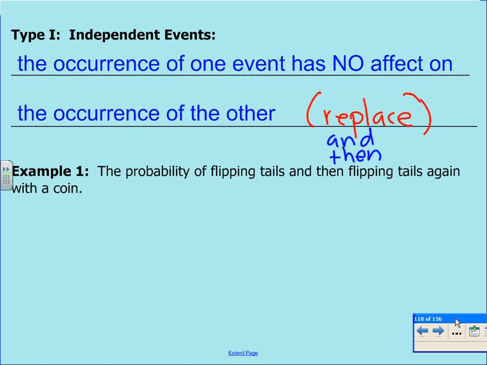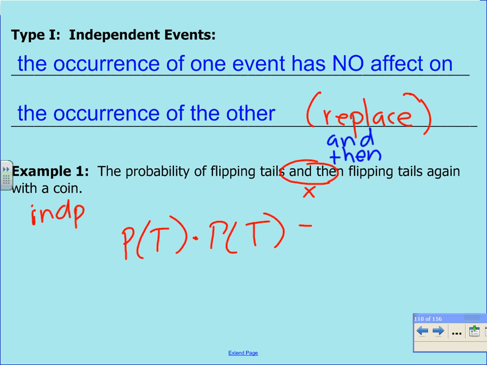Flipping a coin and rolling a number cube are always independent events. The second time that you flip the coin has nothing to do with what happened the first time. Absolutely nothing. So the key words here are and then. Both of those words mean multiply. So probability of tails times probability of tails is what we're finding.